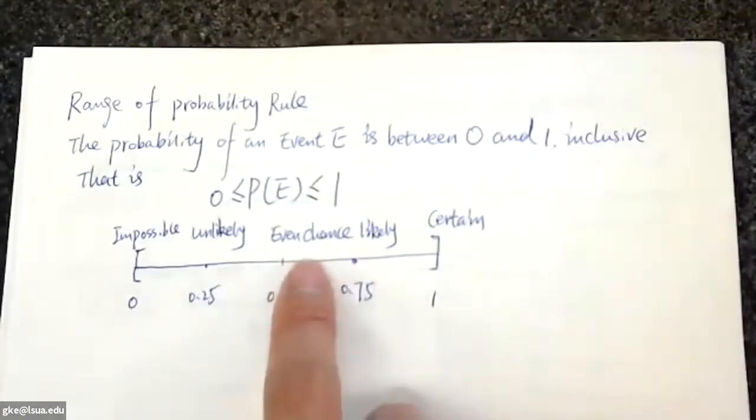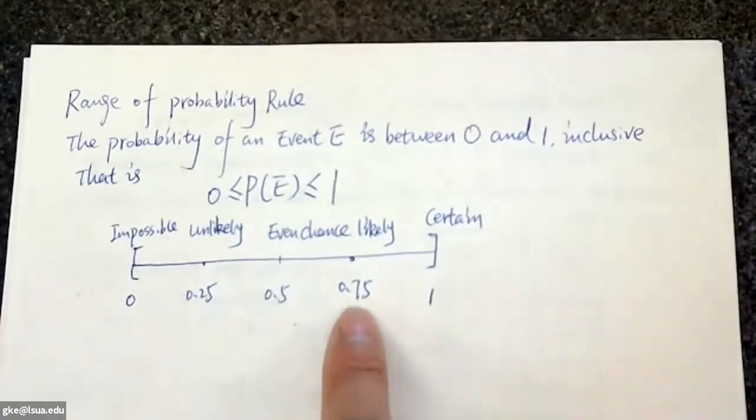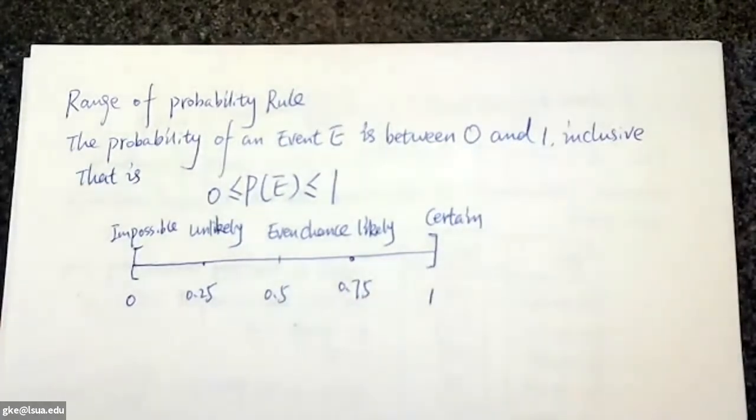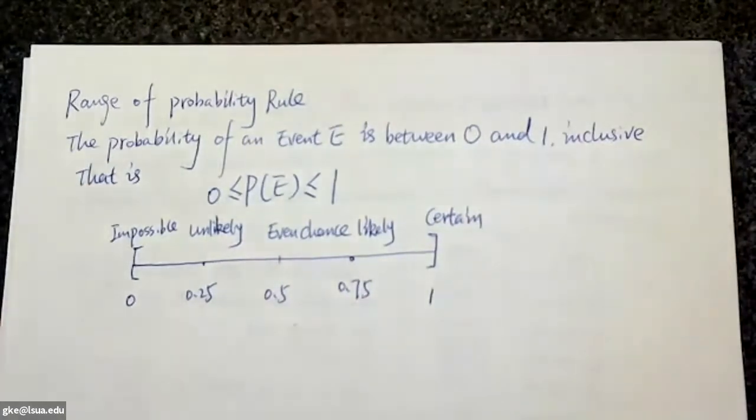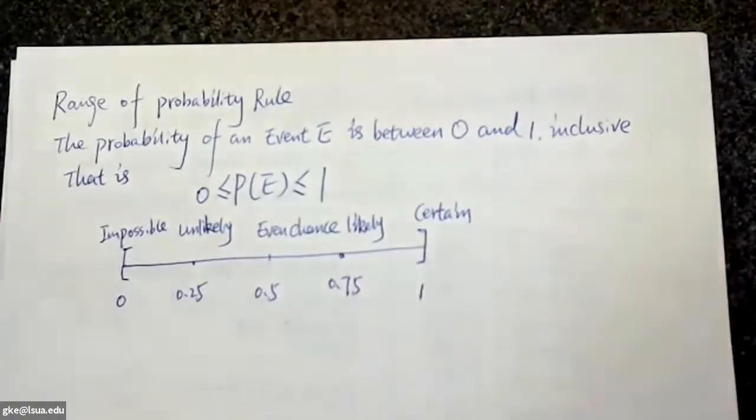So even chance. And if the probability is greater than or equal to 0.75, that means that event is likely to happen. If probability equals 1, that means that event definitely is gonna happen.